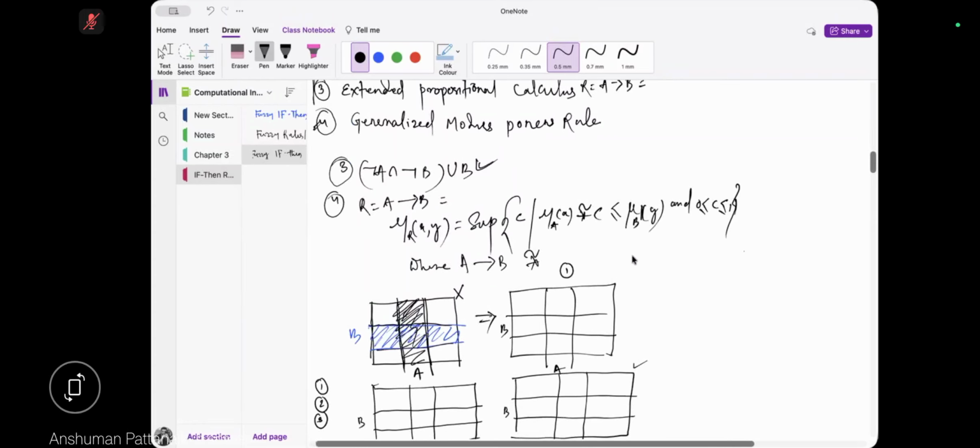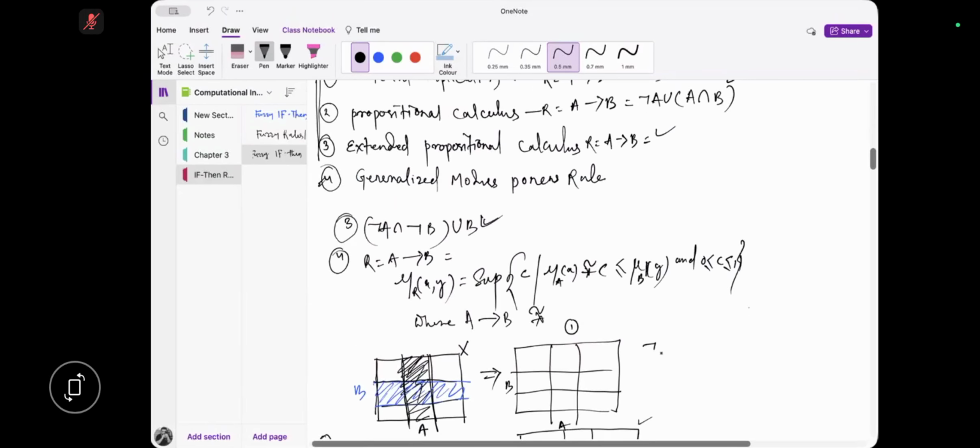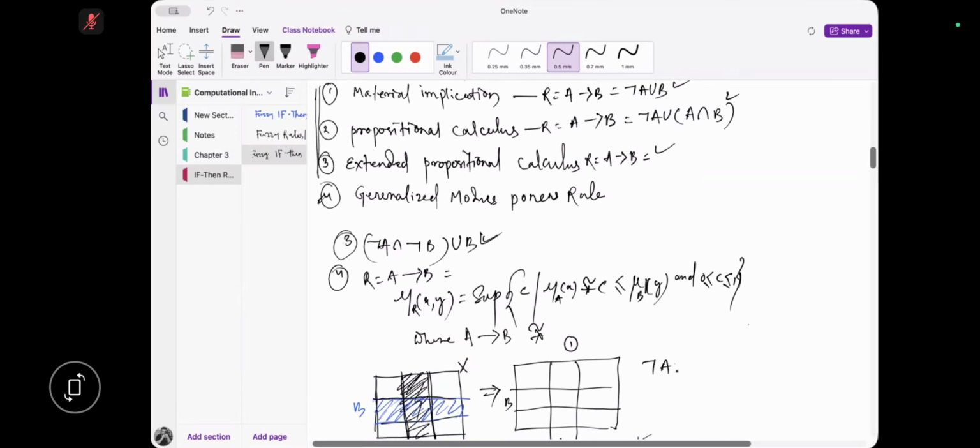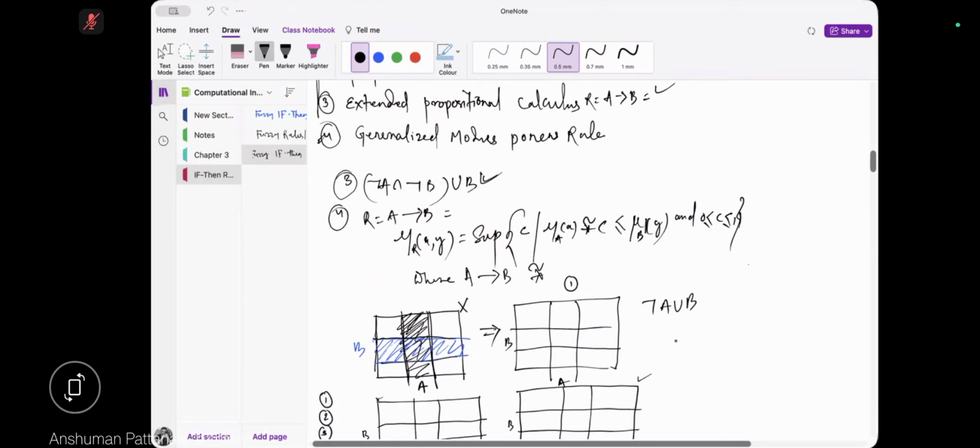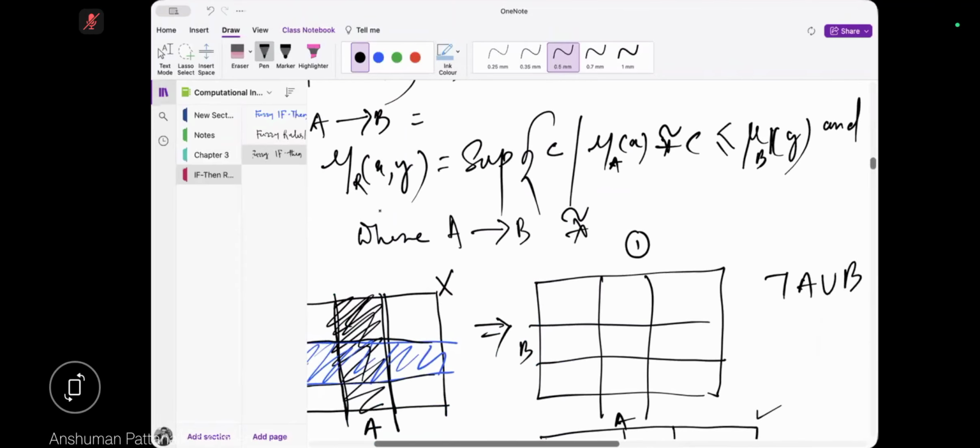The first one is negation of A union B. If this region is A, negation of A is this part. The question asks for negation of A union B. B area is this.